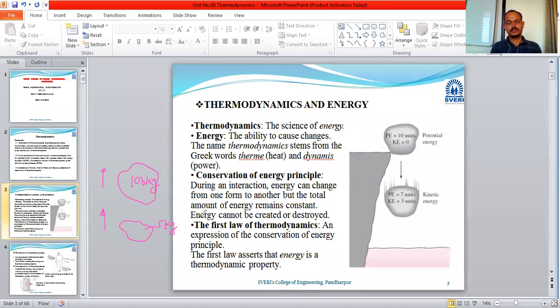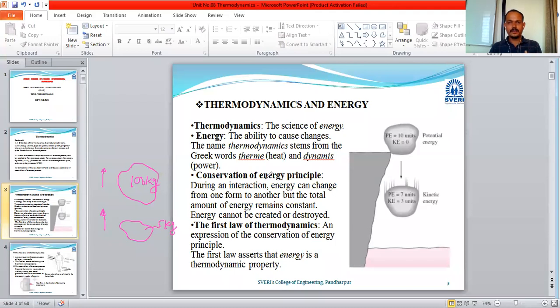Because for a 100 kg stone, more and more energy is required. Yeah, correct. Or is anyone having a different approach? Okay, so someone says that to lift that 100 kg stone, we require more energy.